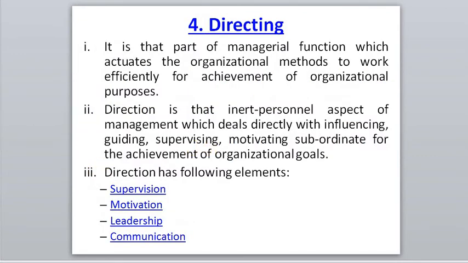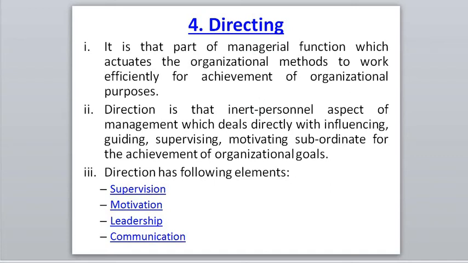Next, related with the principles of management, the fourth point is directing. Directing is nothing but starting the particular type of work in proper directions. It is that part of the managerial functions which actuates the organization to work efficiently for achievement of the organizational purpose.